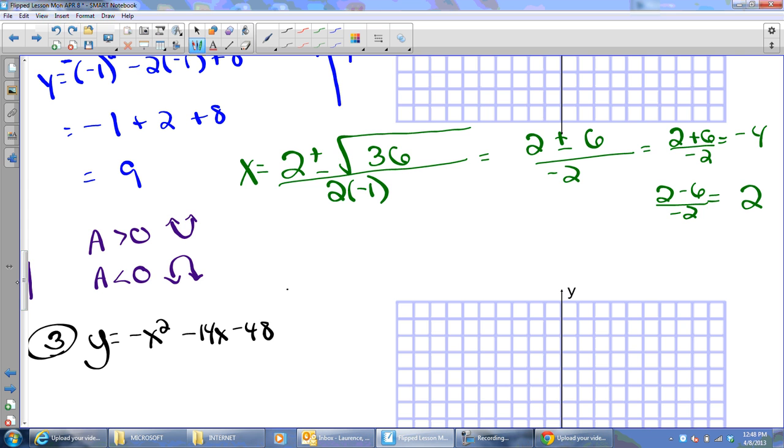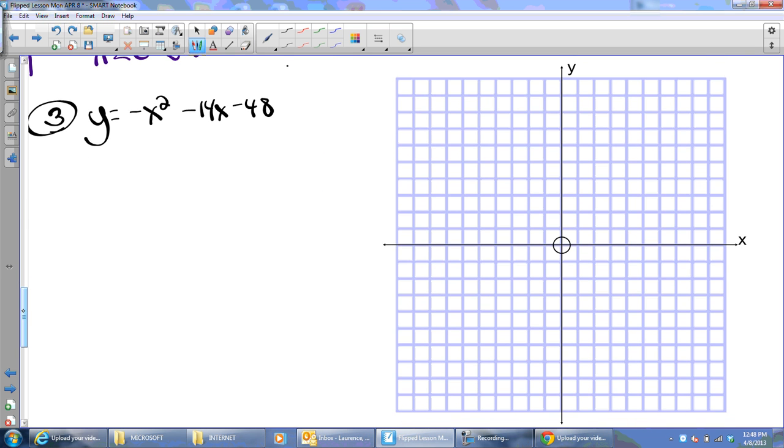Okay, one more example, and then we will call it for this video. So we're going to list A, B, and C. A is negative 1, oops, it's going to go downward. B equals negative 14, and C equals negative 48.